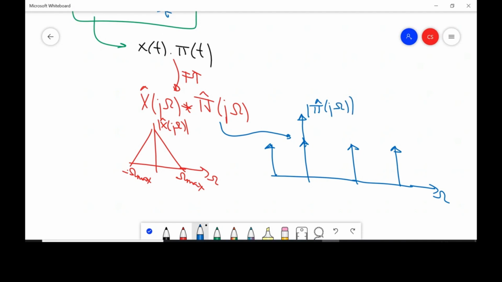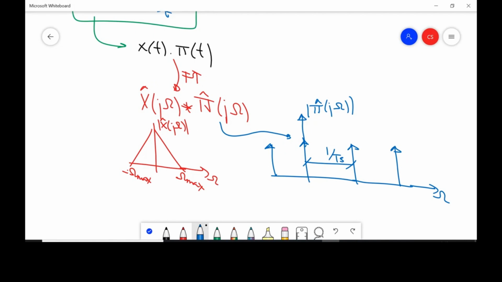And it is separated by 1 over Ts. And for the moment, we don't care about the amplitude, so let's keep the amplitudes to 1.